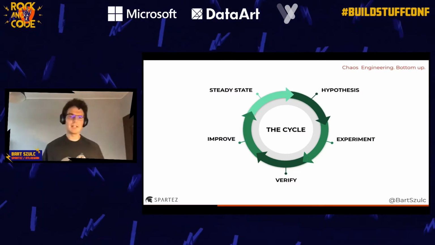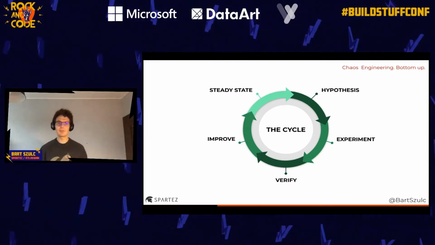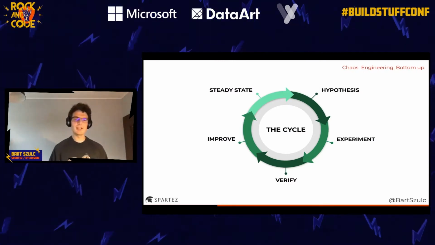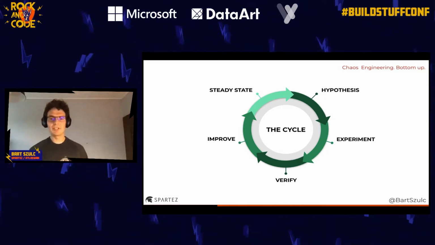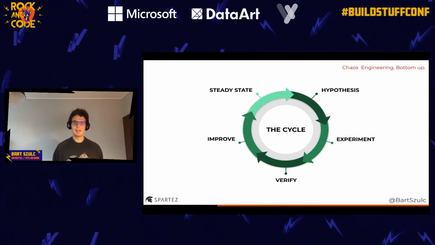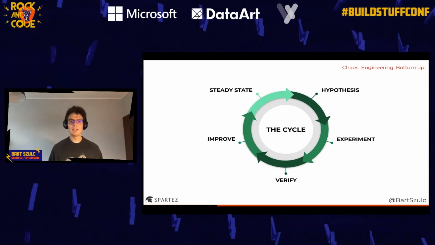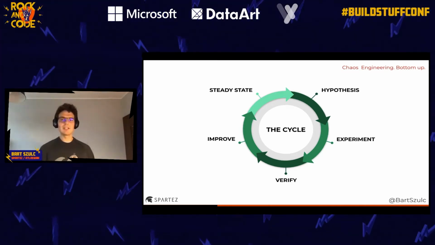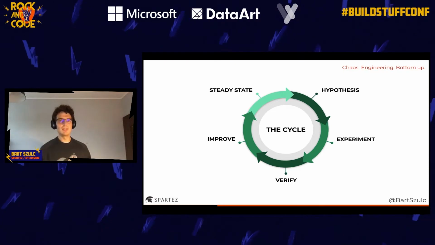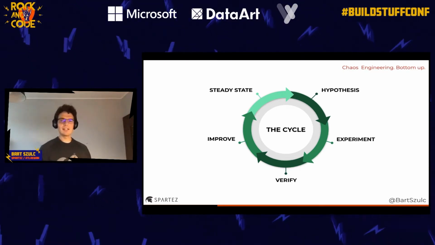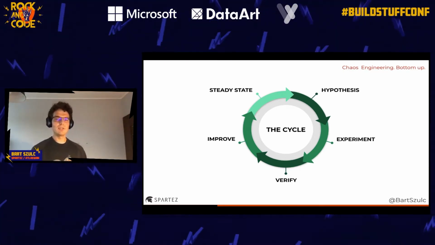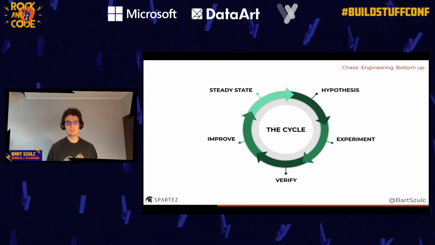So if you have ever seen a presentation on chaos engineering, you are probably aware of the cycle of experimentation that chaos engineering proposes. Basically, you start by defining steady state as some measurable output of a system that indicates normal behavior. You then hypothesize that the steady state will continue in both the control group and the experimental group.